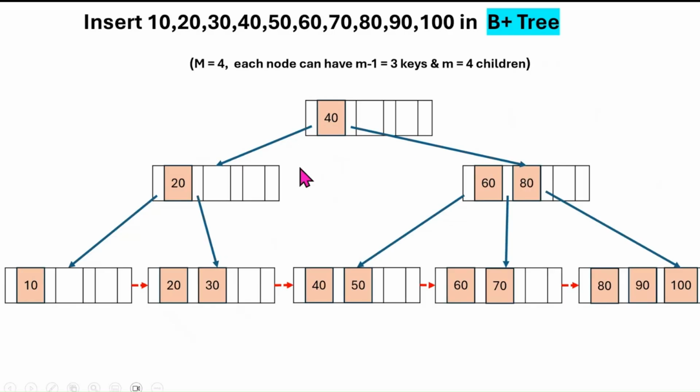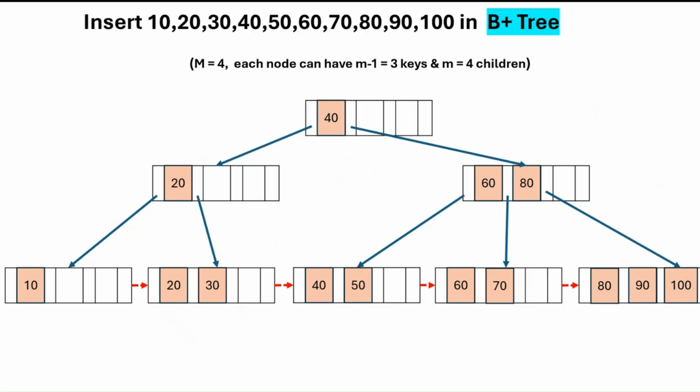And the problem with arrays is that whenever we delete an element, you have to shift the elements, resize the array, and so on. In a tree-like structure, whenever you delete anything, it gets adjusted and balanced very efficiently. So considering all these factors and trade-offs, that is why B tree and B plus tree came into the picture to solve problems like indexing, whether it is database indexing, file indexing, etc.